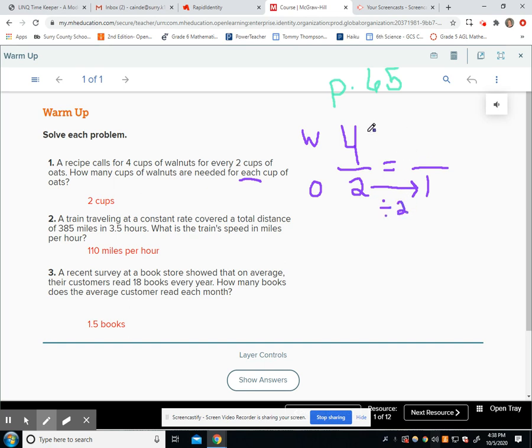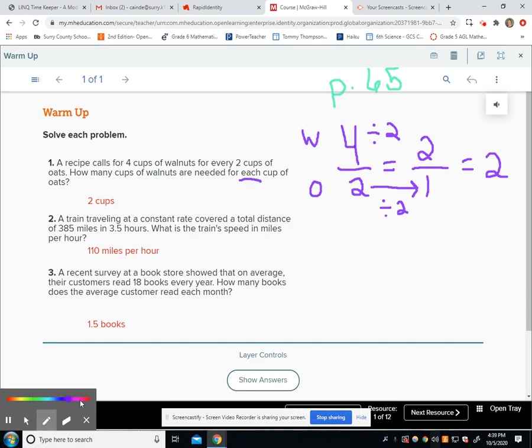So, because it's equal or equivalent or the same, I would also divide 4 by 2. And 4 divided by 2 is 2. And 2 over 1, you've learned that any number over 1 is that number. So, there would be 2 cups of walnuts for every 1 cup or each cup of oats.